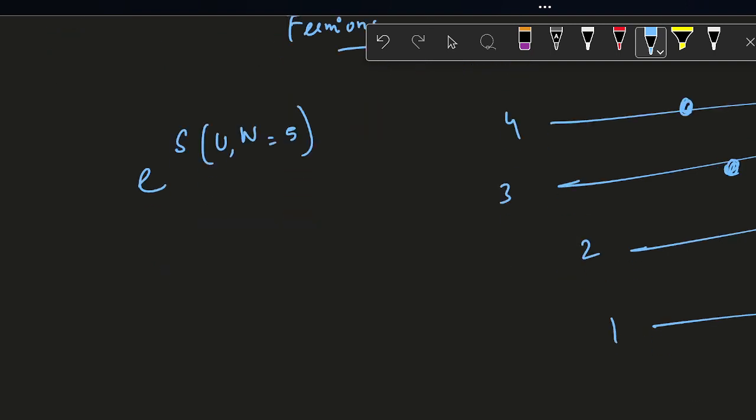There is no configuration possible where you can rearrange 5 particles into these 4 levels. So that means your number of microstates, I think, will be 0 here. Okay, so there is no way of rearrangement that is possible.